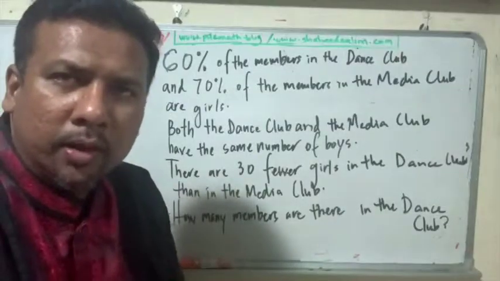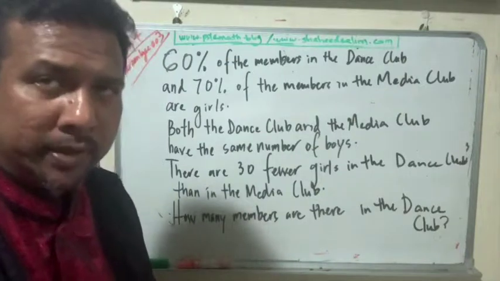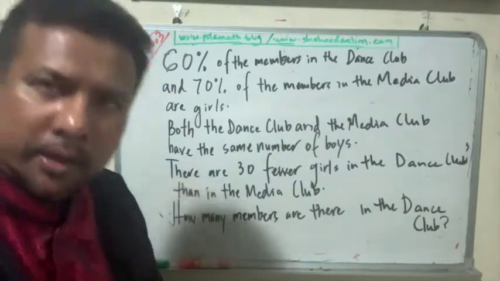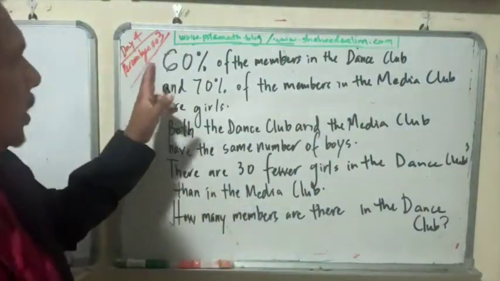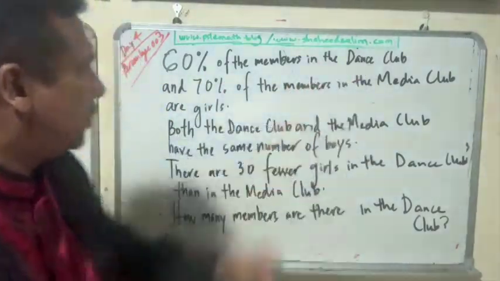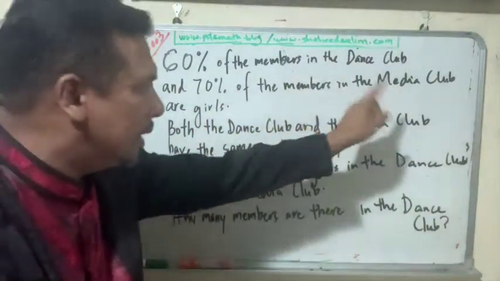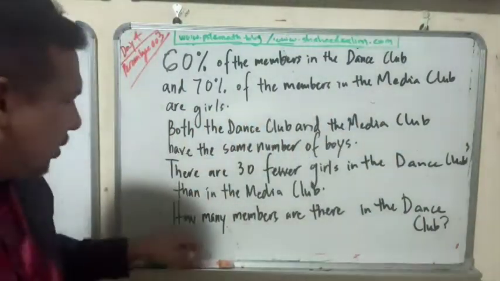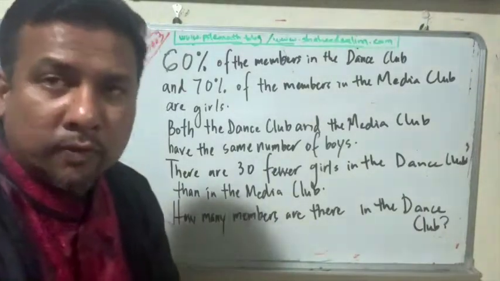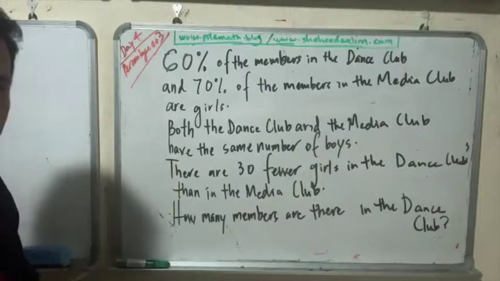Okay, we come to the third and final question for percentage, and as always, let us read the question and understand the question. 60% of the members in the dance club and 70% of the members in the media club are girls. So, first of all, we have to understand that there are two clubs.